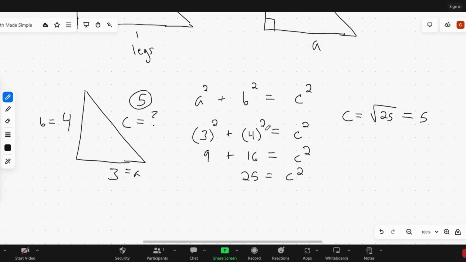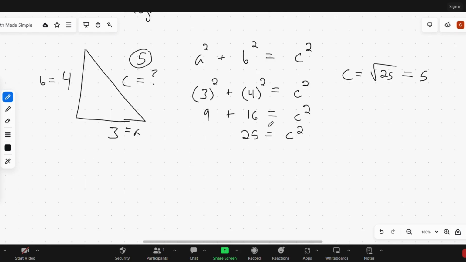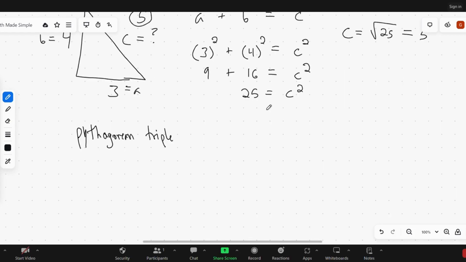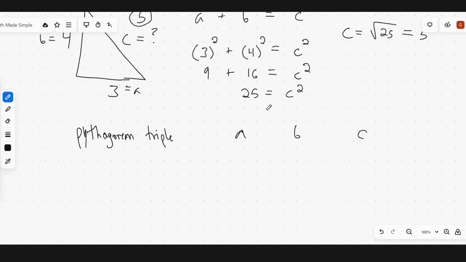And this brings us to another topic for today, Pythagorean triples. A Pythagorean triple, I'm going to write that out here, is basically any triangle that has whole numbers for the side lengths a, b, and c. What we just did is an example of a Pythagorean triple, and it is the smallest one that we know of, with side lengths of 3, 4, and 5.